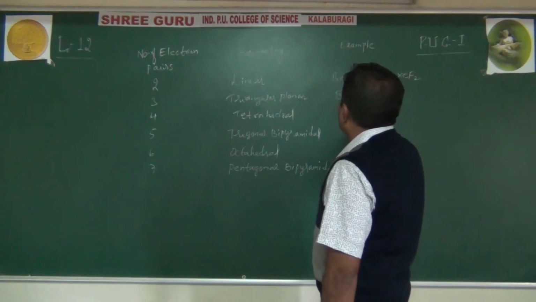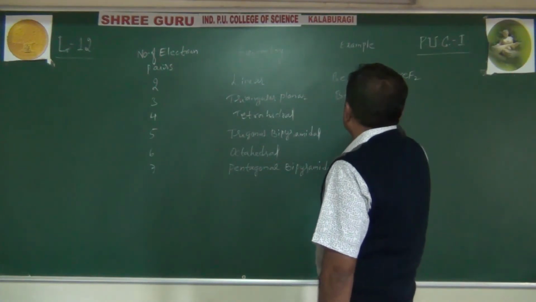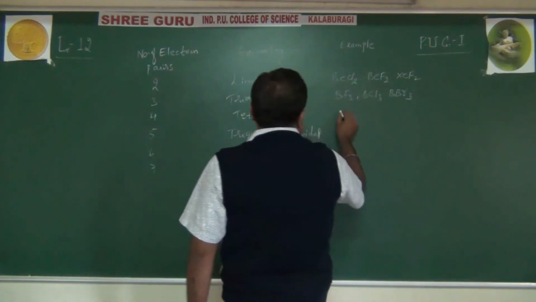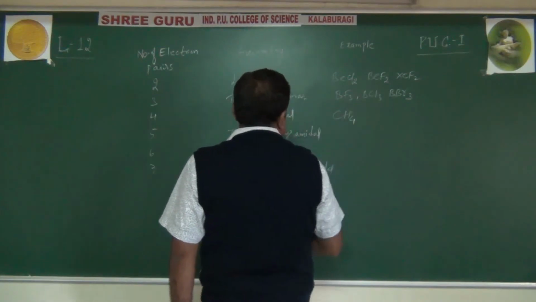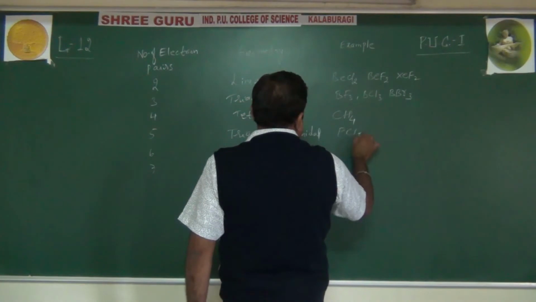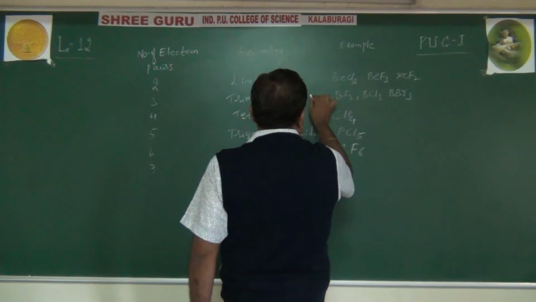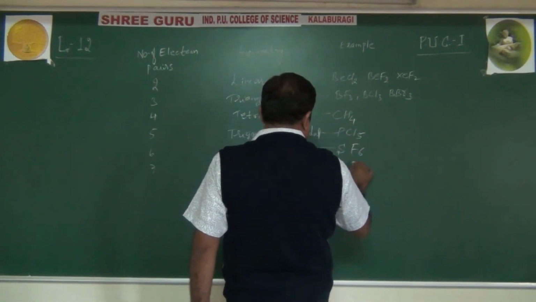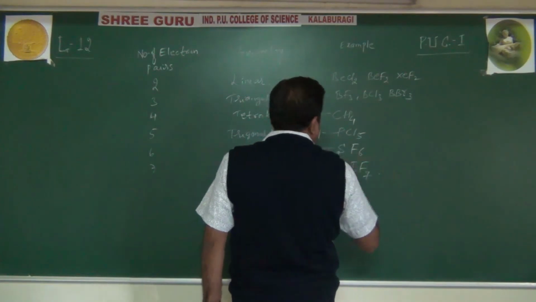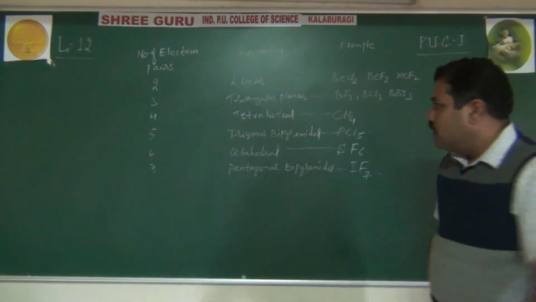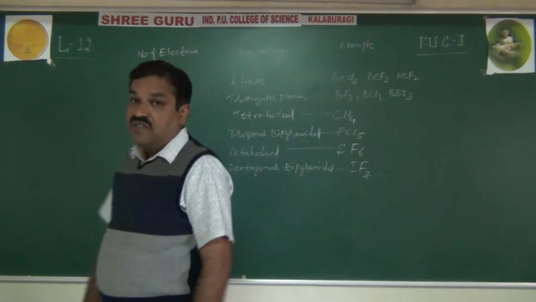Then triangular planar, BF3, all bonding pairs; octahedral, SF6, sulfur hexafluoride; pentagonal bipyramidal, iodine heptafluoride. So these are fixed geometries.